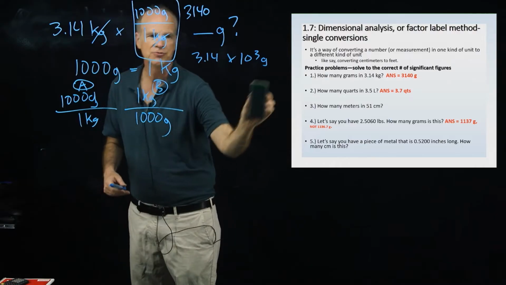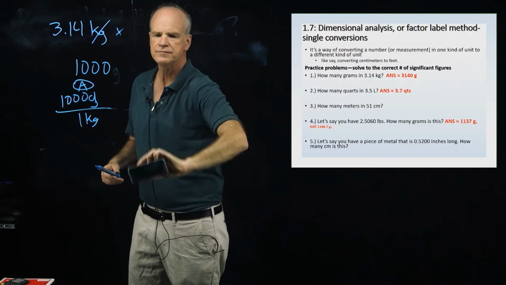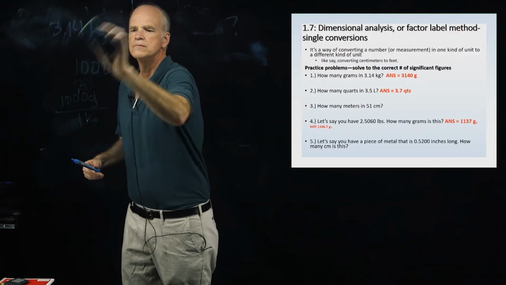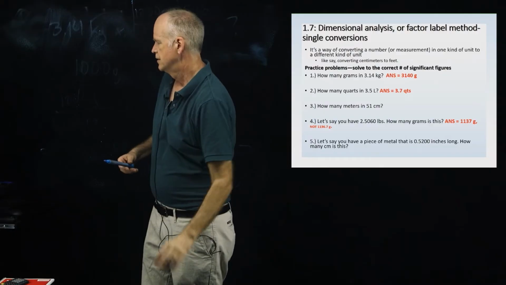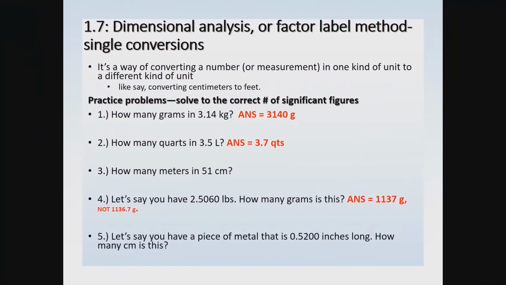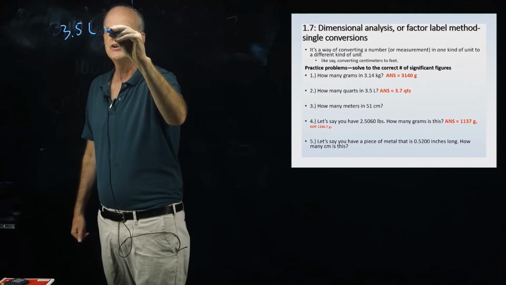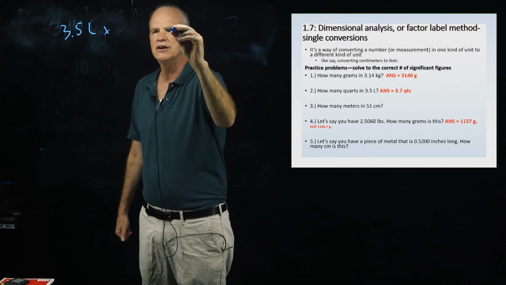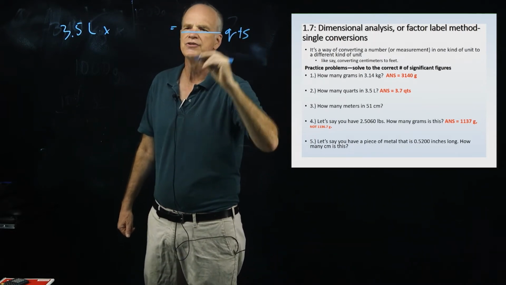Okay, so let's do the next one. How many quarts in 3.5 liters? Let's set up the problem. We have 3.5 liters times some kind of fraction that is going to give you an answer in quarts.